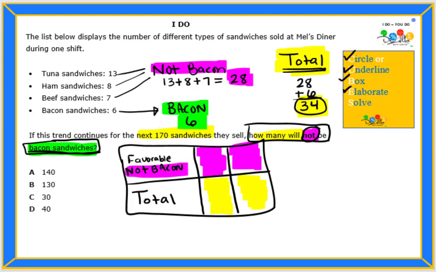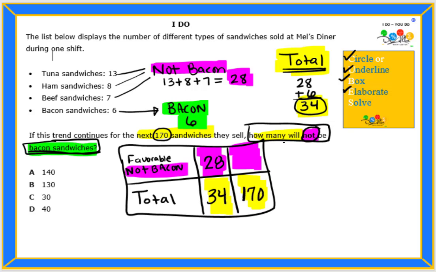Okay, so I know from the information that we gathered up here at the top, we found out that 28 sandwiches are not bacon out of a total of 34. Now, in our question, remember it said the next 170 sandwiches, so the total now is going to be 170.